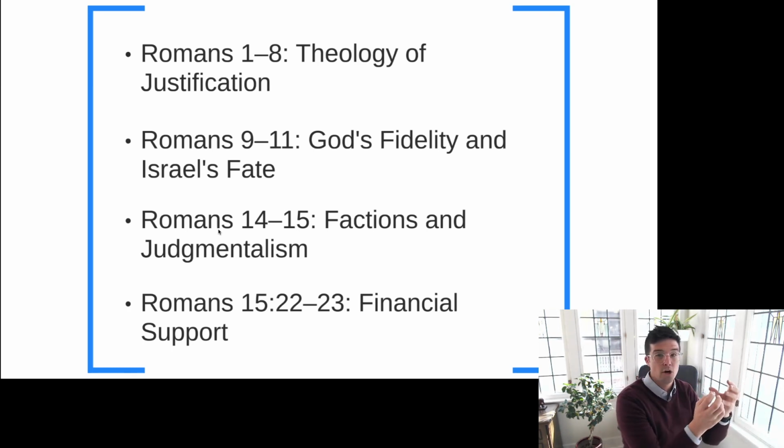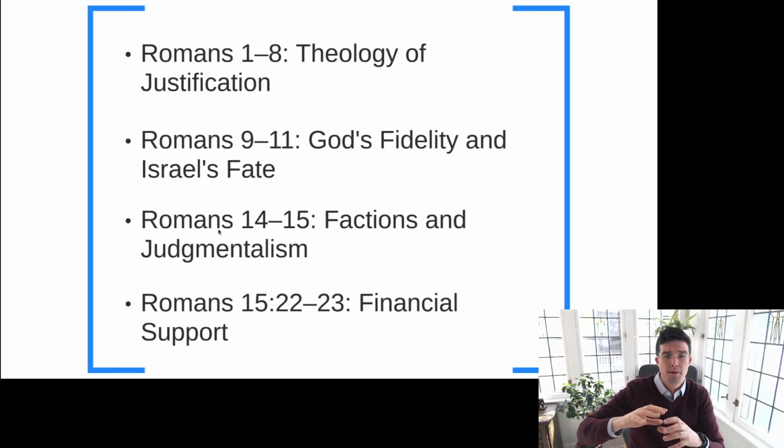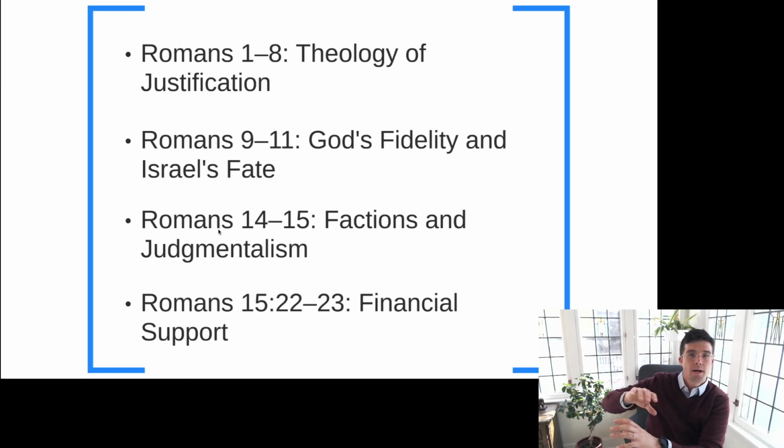Doesn't mean these things aren't true to him, but it means that Paul is presenting himself in a certain way so that not only can he get financial support, but so the congregations are ready for him when he comes to visit Rome, as he says he wants to do, and then for them to send him off further to Spain, and that Rome will be the hub or the place that Paul can look back to in the East as he continues to move his ministry westward.